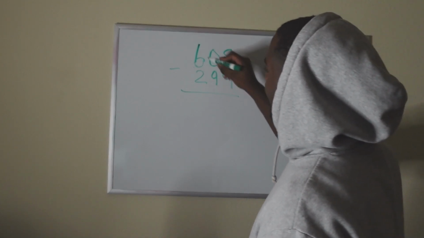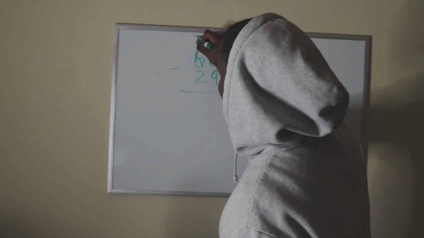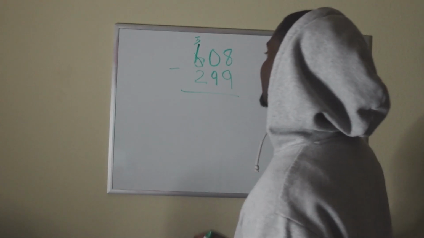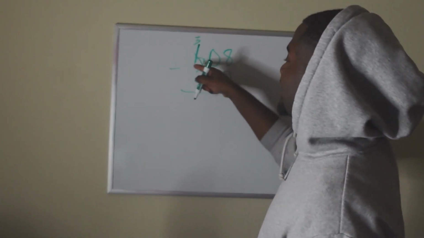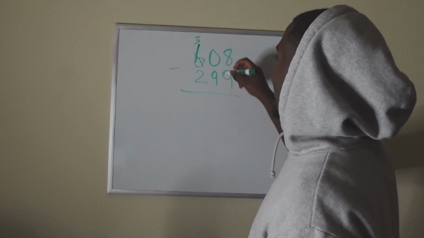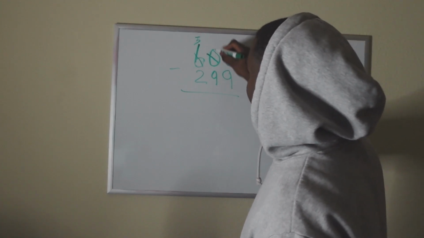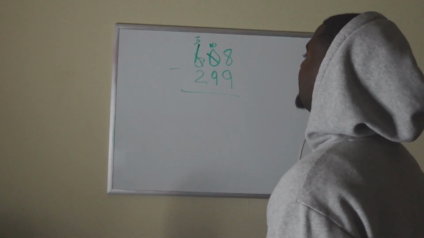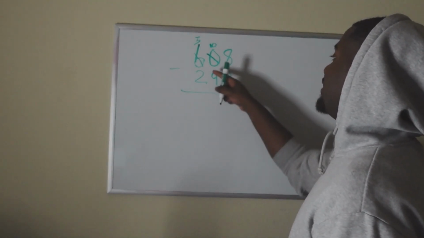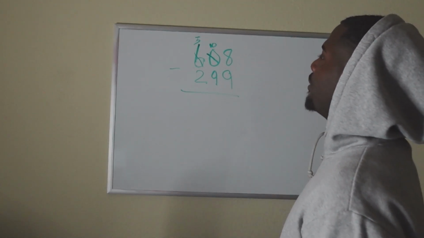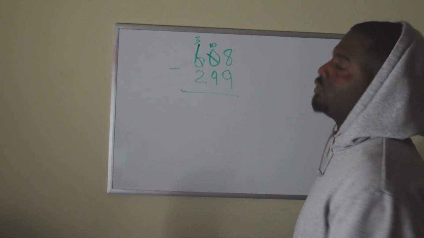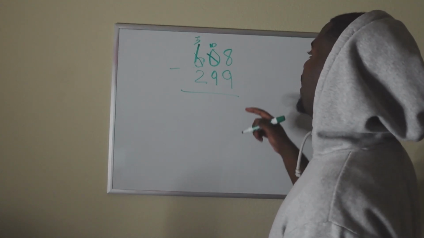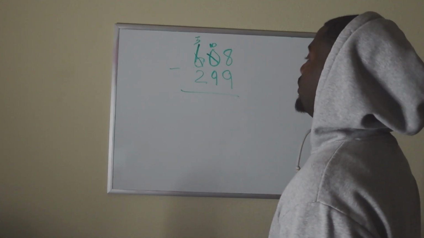So now this 6 becomes a 5, because 6 minus 1 is 5. And now we have 10 because we borrowed from the hundreds place. Now we have enough in our tens place to borrow to get our number 8 up to a number that we can subtract from, right? So 8 is less than 9, so we can't subtract it.